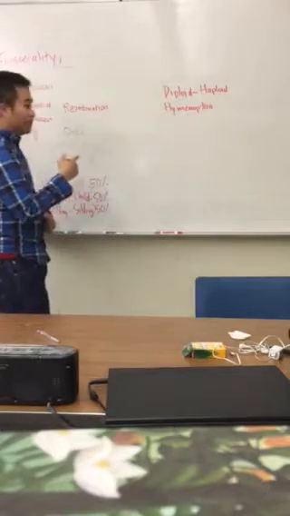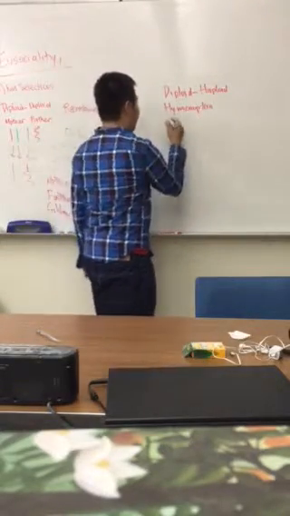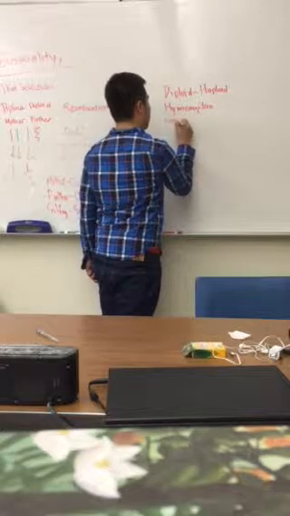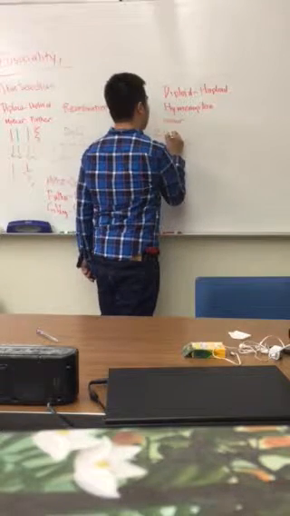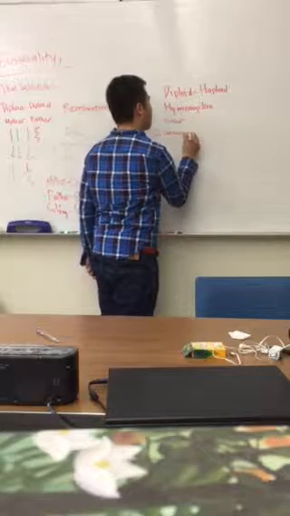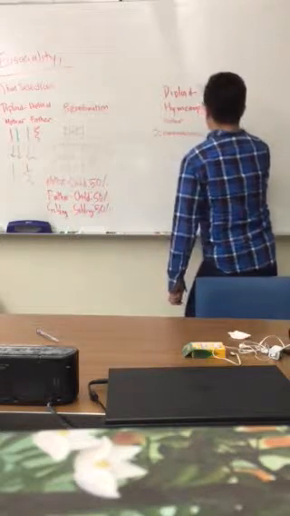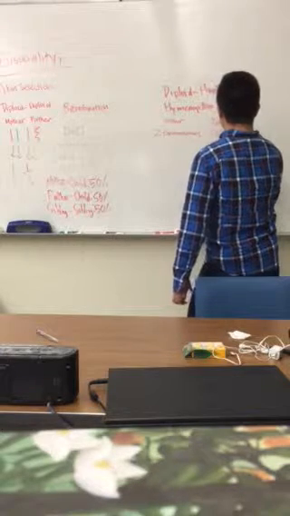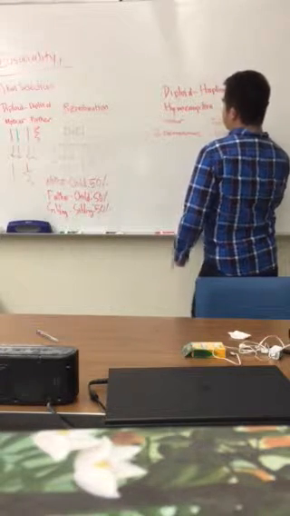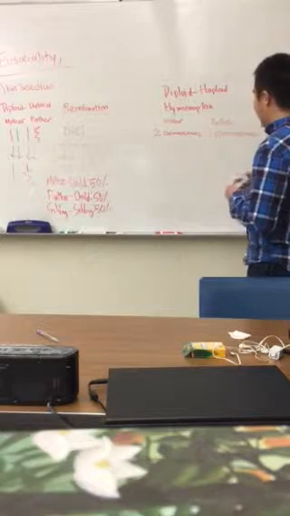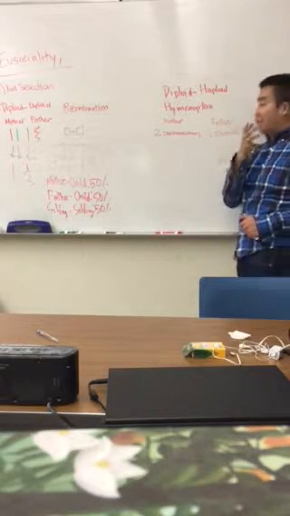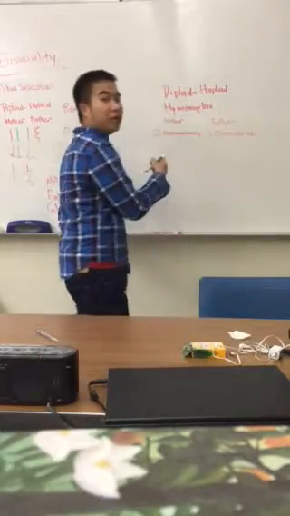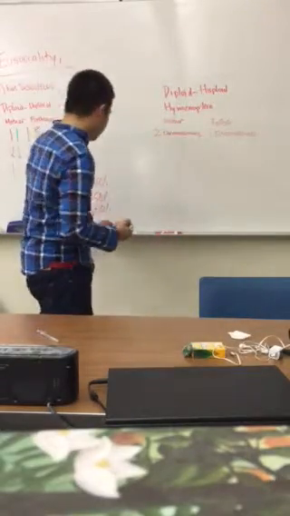So in this relationship, the mother has 2 chromosomes, but the father only has 1. The mother insect lays eggs, but if that egg is not fertilized, it becomes a male. And if it is fertilized, it becomes a female.